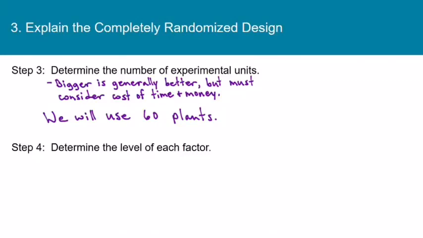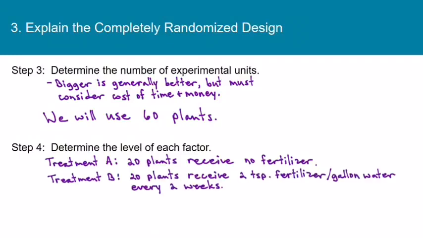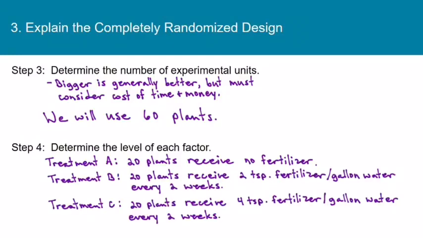So the factor is the amount of fertilizer. So we are definitely going to have a control group with no fertilizer. So we'll do 3 treatments, okay? We'll take our 60 plants and divide by 3, so each group will have 20. And so the first 20 receive no fertilizer, the next 20 receive a little fertilizer, and the next 20 receive a little more fertilizer.